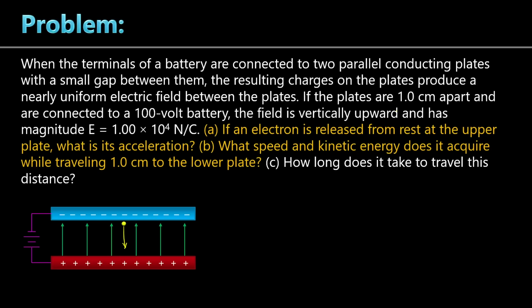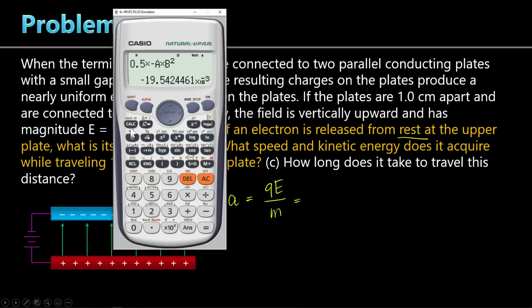Sabi dyan, if an electron is released from rest at the upper plate, ano daw ang kanyang acceleration? Kanina pa natin sinosolve yung acceleration na yan eh. Diba? Ano yung formula ng acceleration? A is equal to QE divided by the mass. Again, sa calculator, gamitin na lang natin ang mga constants.